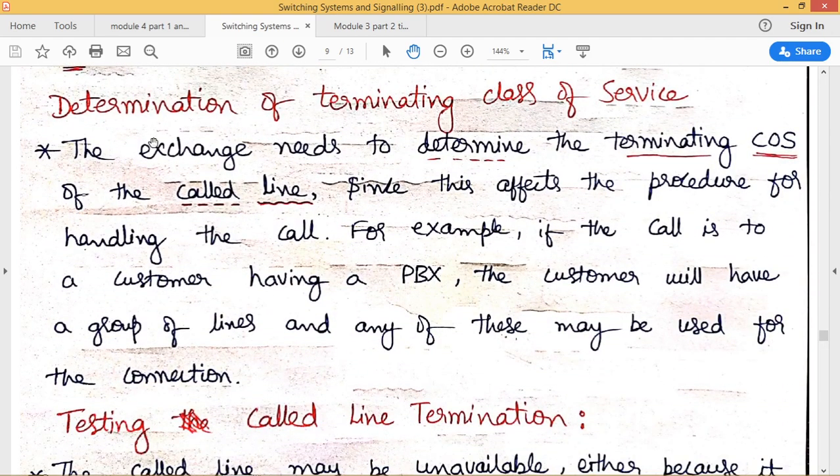Next, determination of terminating class of service must be made. Before making the connection, the exchange should determine what classes of service are available with the called line or the called customer.